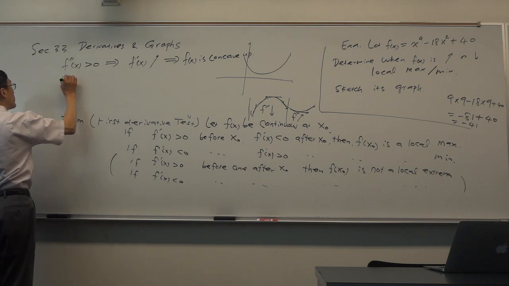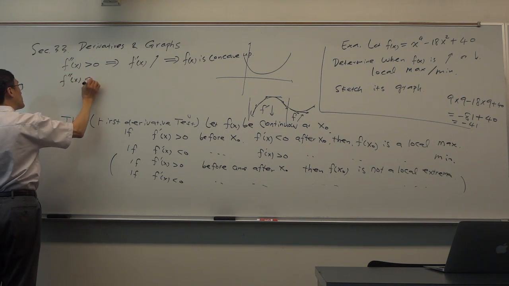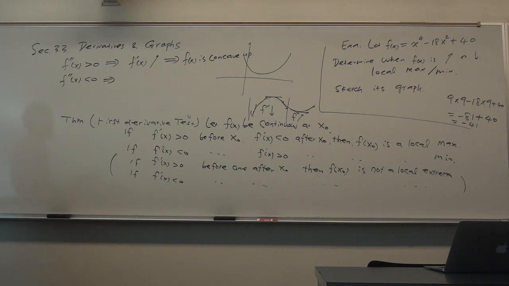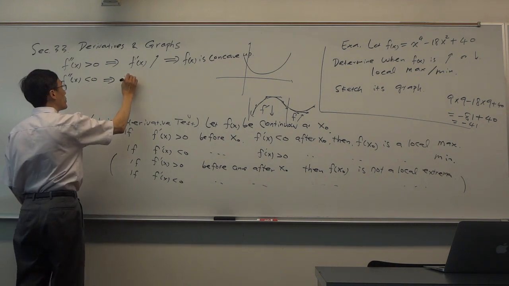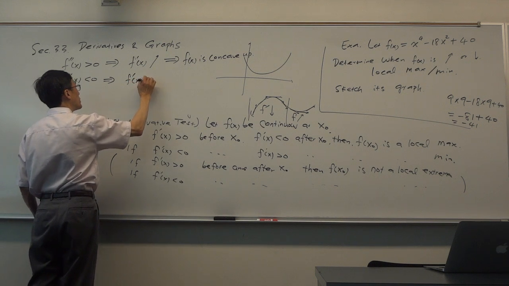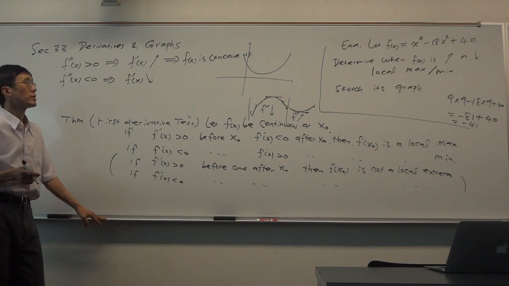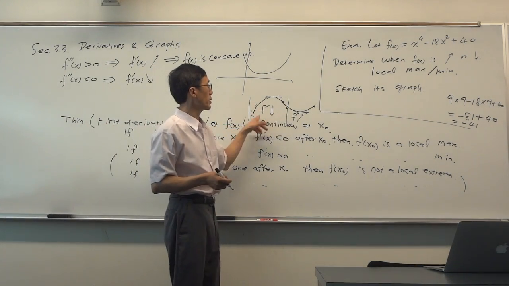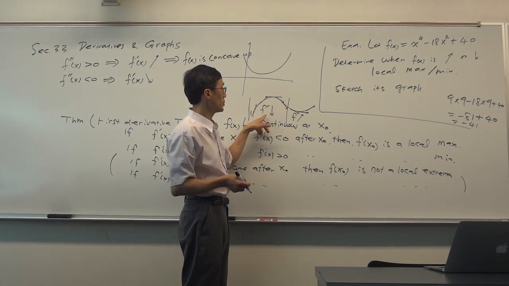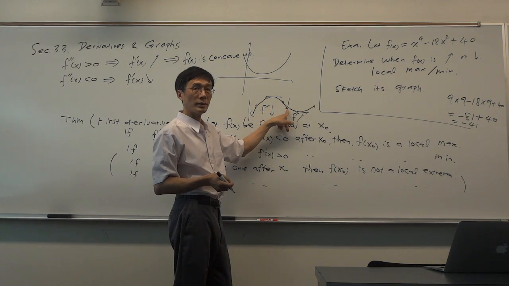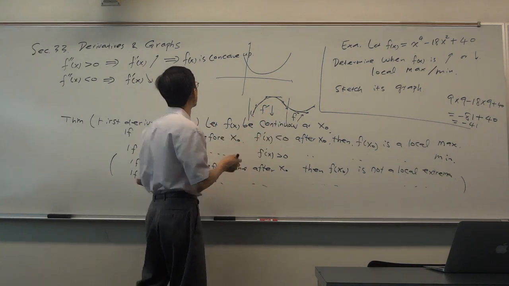And once again, if f double prime is negative, just like before, that will imply f prime of x is a decreasing function. Out of the pictures I drew, it will be the first piece, where f prime is decreasing.